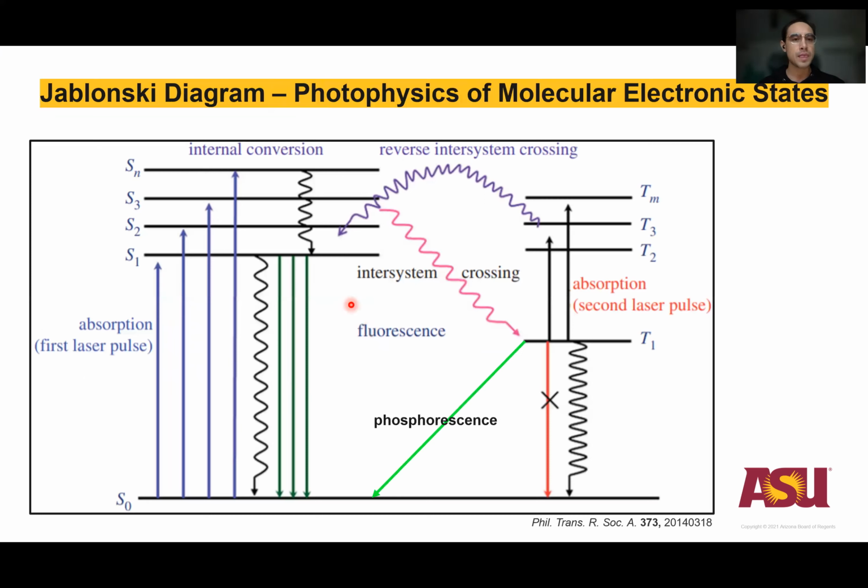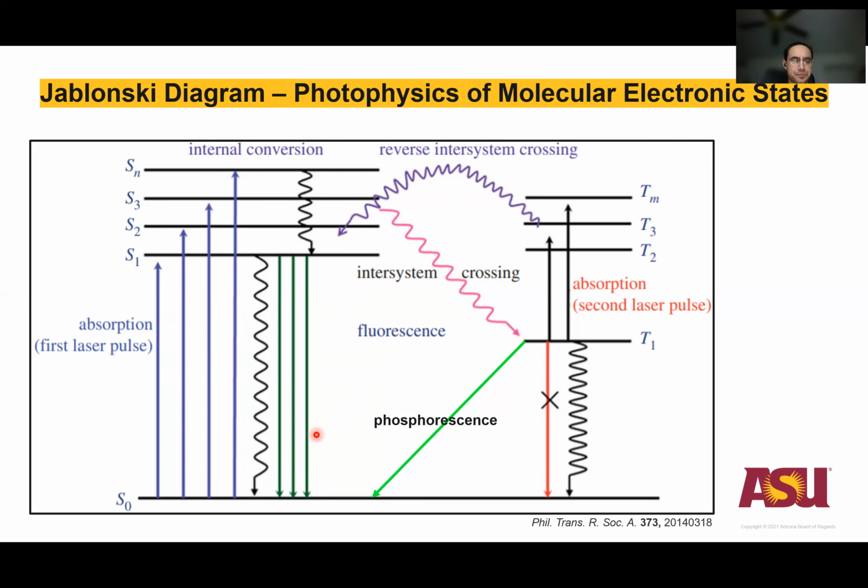So here I have the Jablonski diagram, similar to what we saw in class earlier on in the semester, and I'm just going to briefly go over it as a quick refresher. Here we have our singlet ground state, which is where most molecules exist.